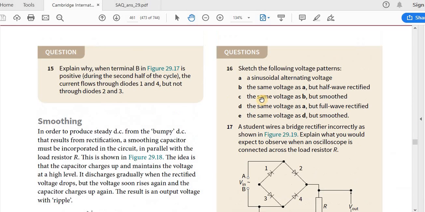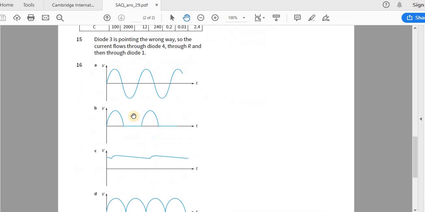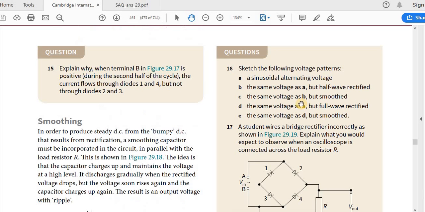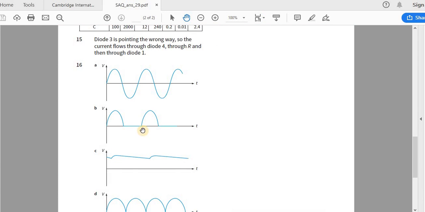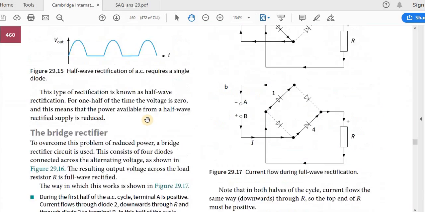This question is also, I think, a good question. Sketch the following voltage patterns. Sinusoidal alternating voltage. We can have a look at the solution. This one. Then the same voltage but half wave rectified. Half wave is this. You have seen that over here also.